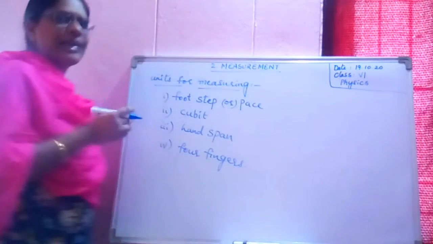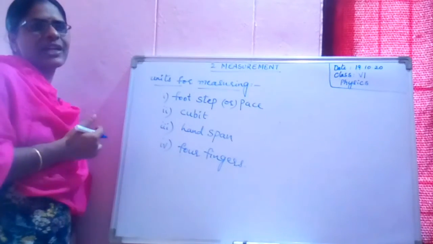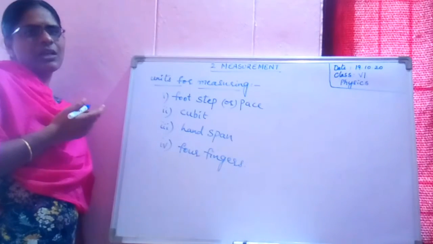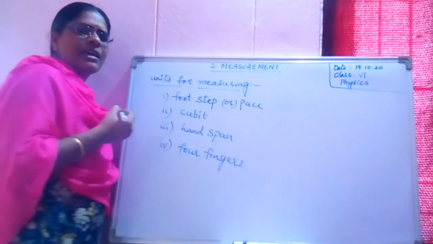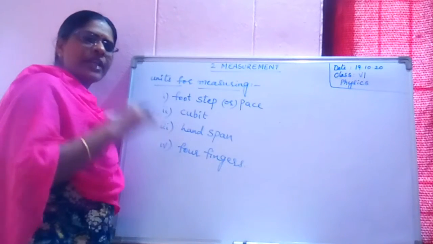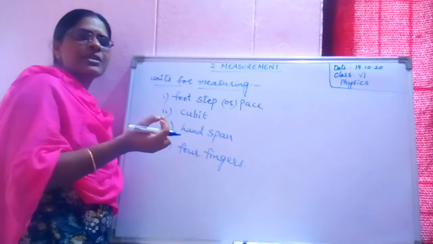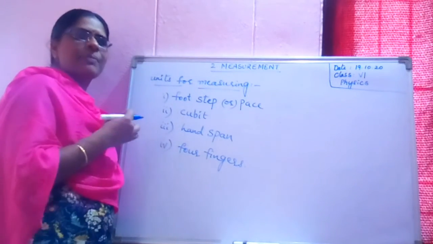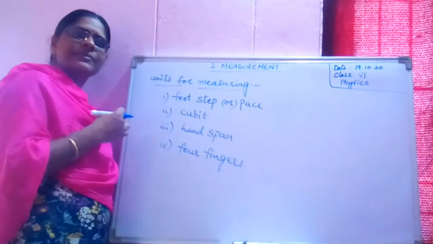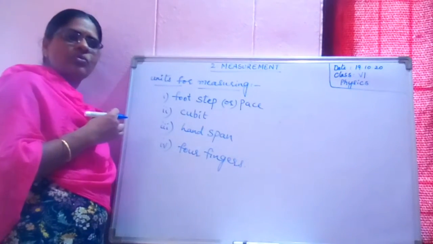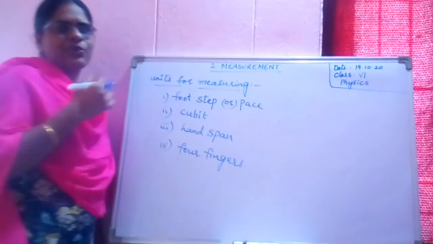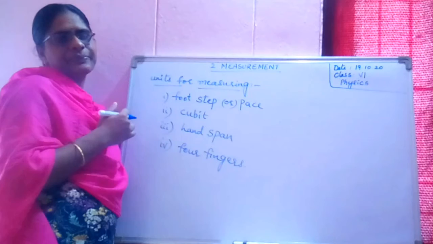Next, one of you starts counting by your own footsteps. Do we get the same number of footsteps? No. That means these units are not accurate.